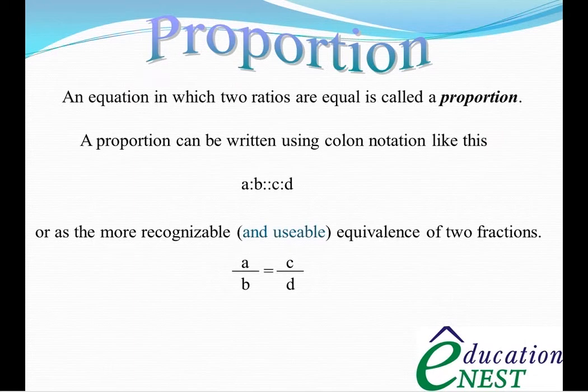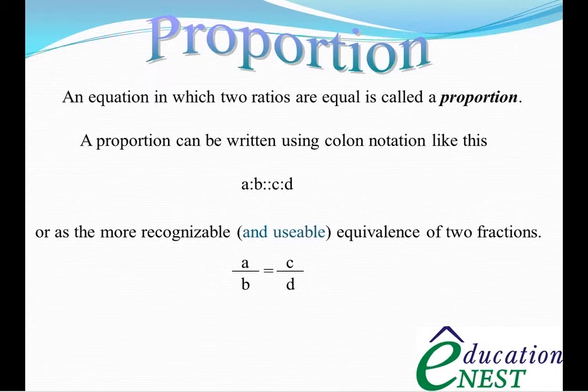Now let's go with the proportions. As we all know, different quantities behave differently with respect to other parameters. Their relationship could be expressed as proportions. So what do we conclude? An equation in which two ratios are equal is called a proportion.